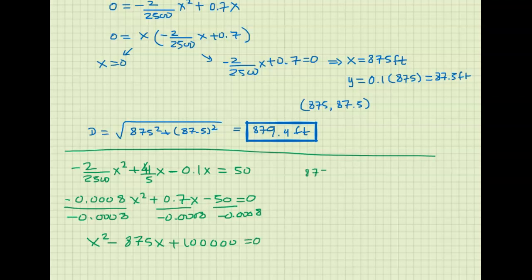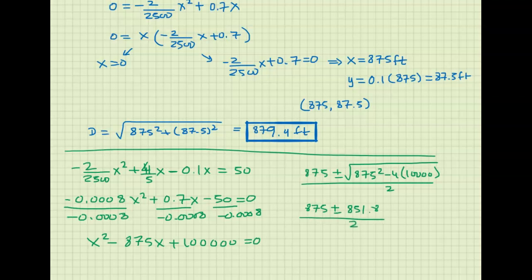Quadratic formula: 875 plus or minus the square root of 875 squared minus 4 times 10,000, divided by 2. I'm going to do the square root part. 875 squared minus 4 times 10,000. And we get 875 plus or minus 851.8 divided by 2. Solve both parts.